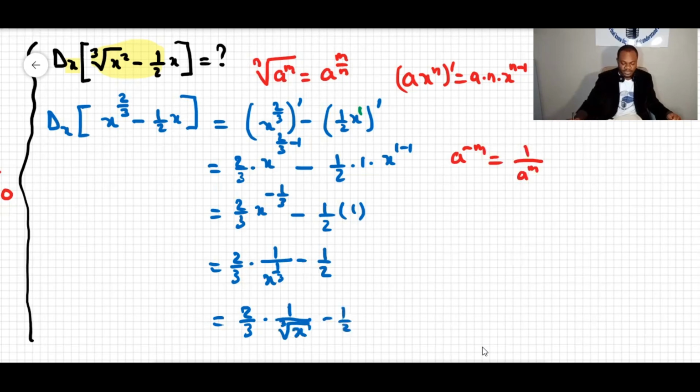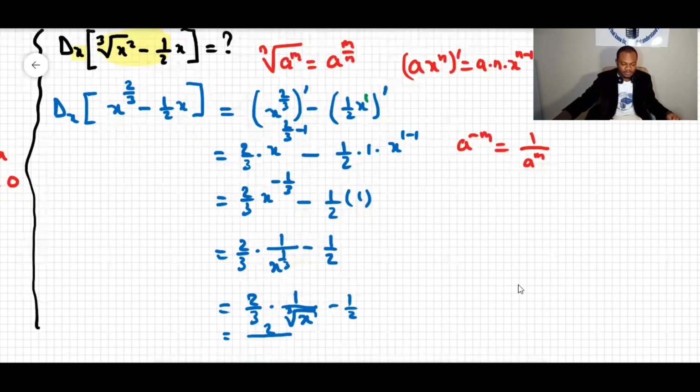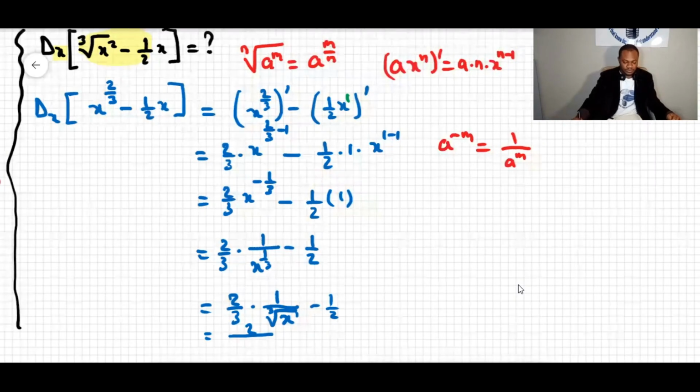So finally, it is equal to 2 over 3 times the cube root of x, minus a half. That's the final answer.